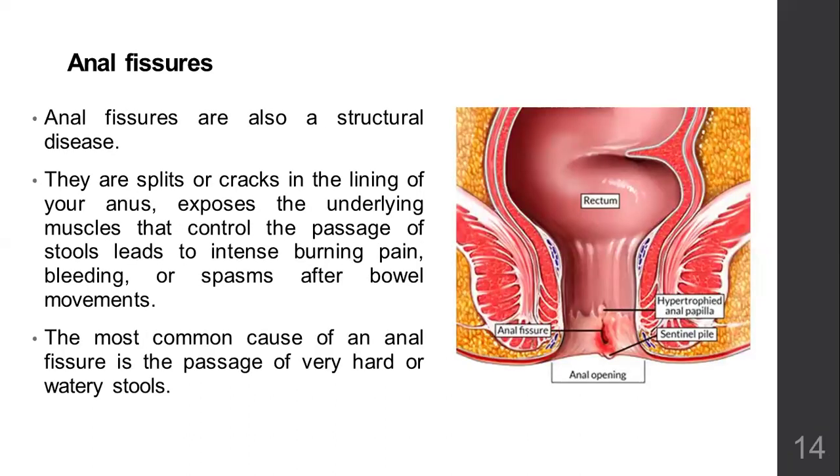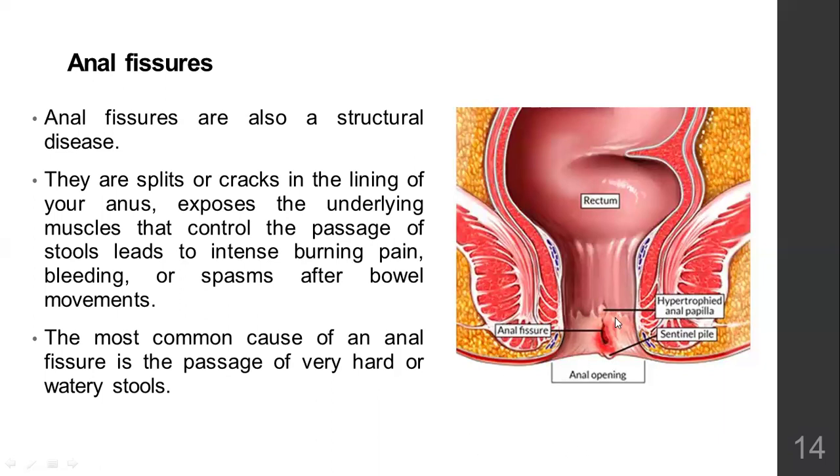Next is anal fissures. These are also a structural disease, not functional, but structural, because the structure of the anal canal is damaged here. So you can see here the splits or cracks in the lining of your anus. From here the feces passes outside, and some cracks or splits are there in this anal canal.